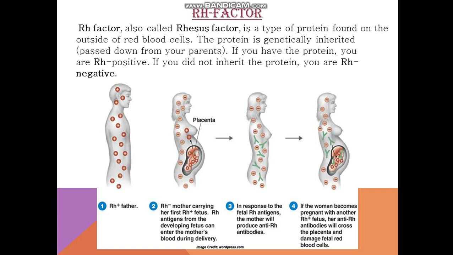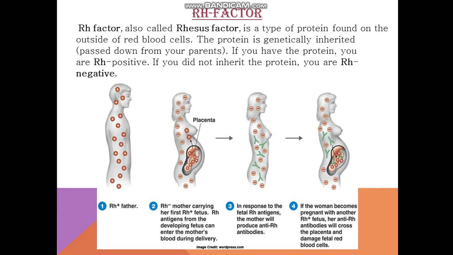So what actually happens during the first pregnancy? The fetus is Rh positive, and when the mother and the fetus are exchanging blood through the placenta, there are antigens from the fetus which are entering into the blood of the mother.